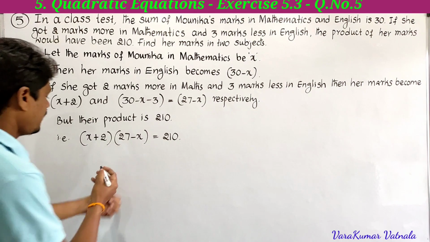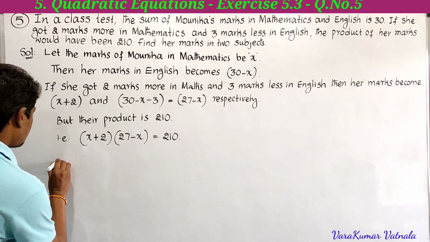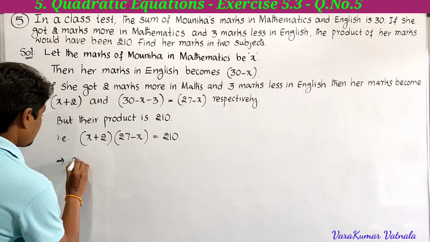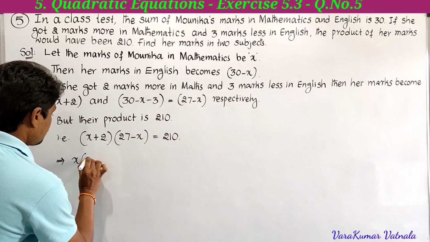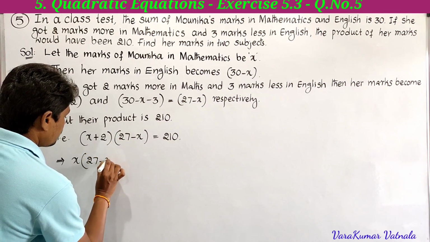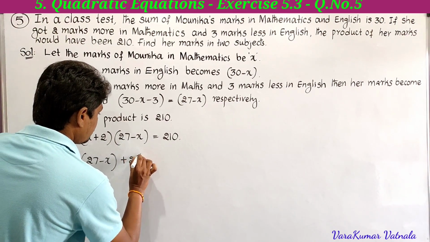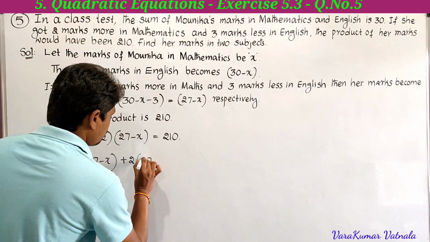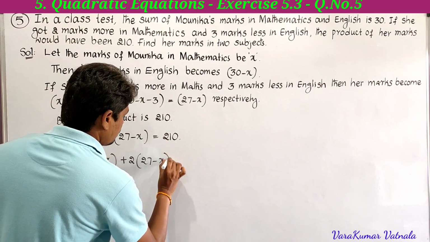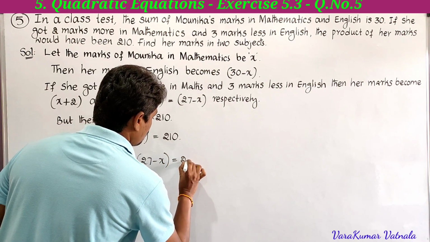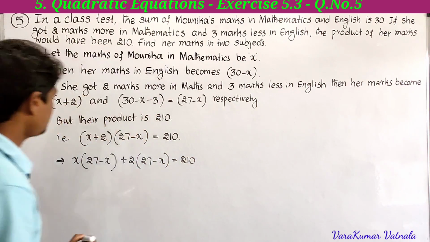First, multiply by x. So here we get x into (27 - x), plus 2 into (27 - x), is equal to 210.